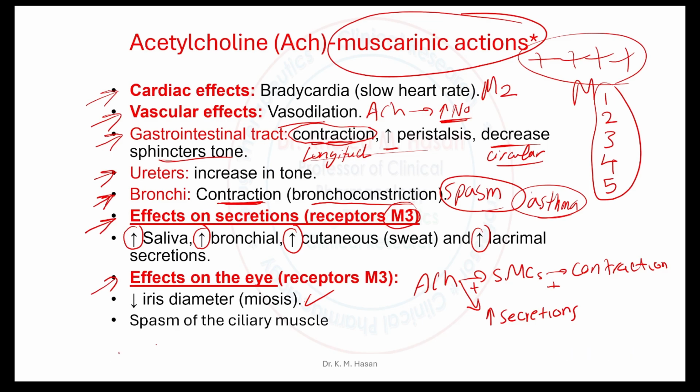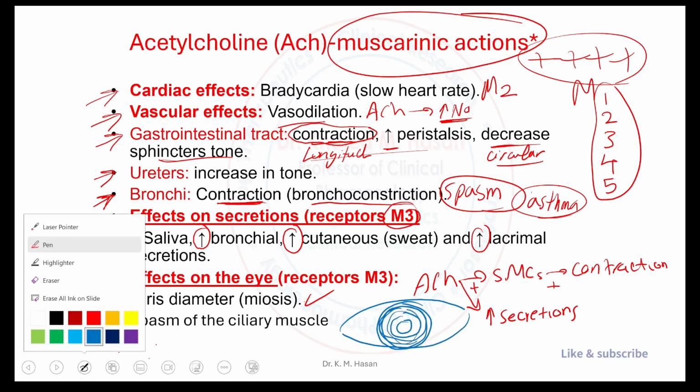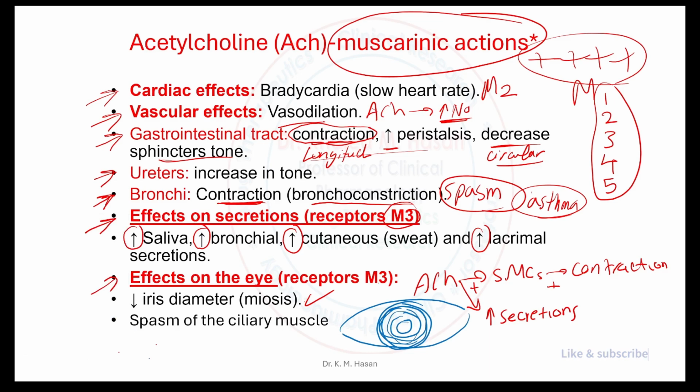This is the circular muscle around the eye, innervated by acetylcholine through the M3 receptor, and if you activate the M3 receptor, the result will be miosis.